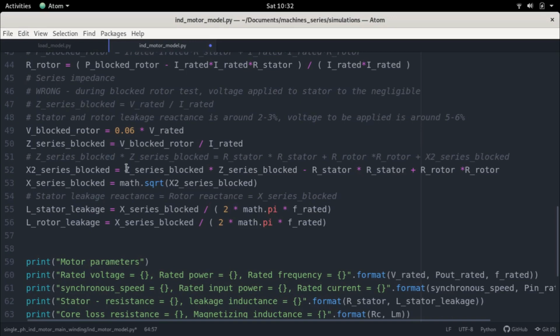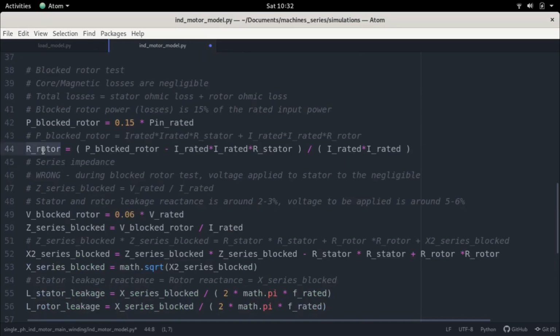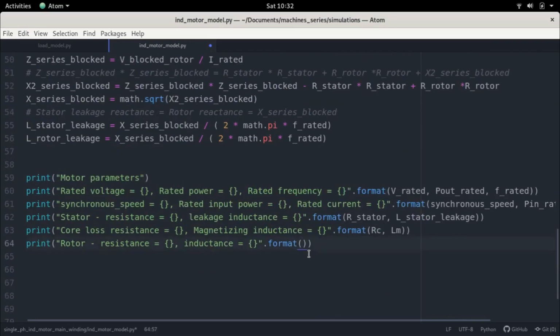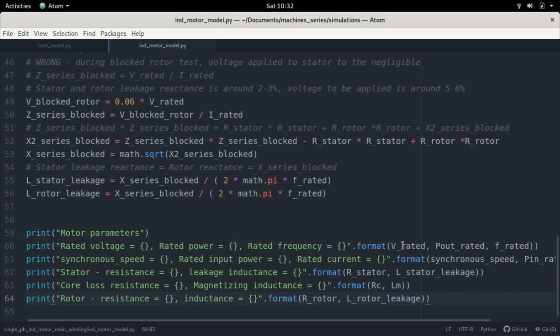And here we will call this R rotor and L rotor leakage, right? So with this we have these parameters.